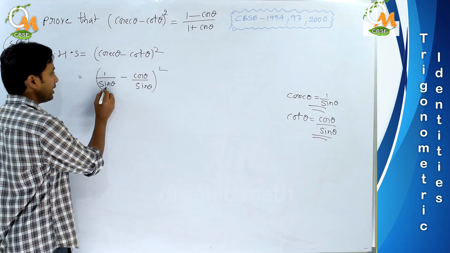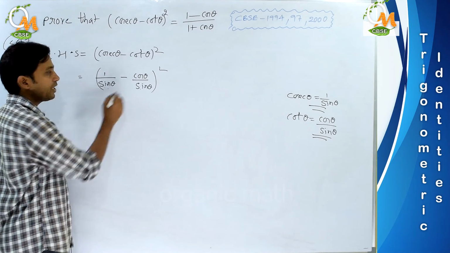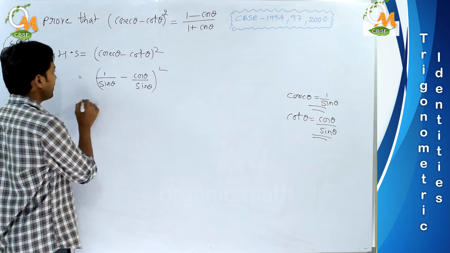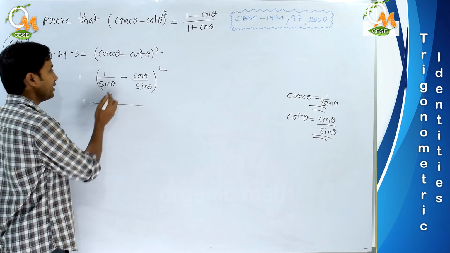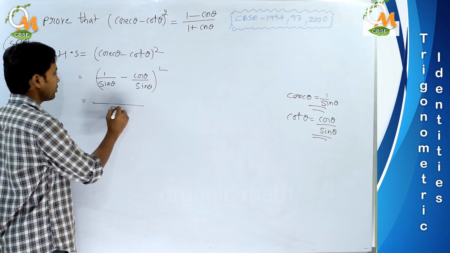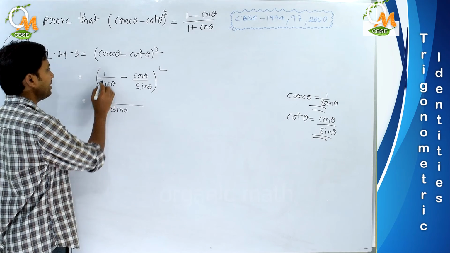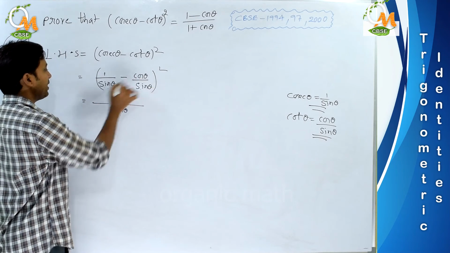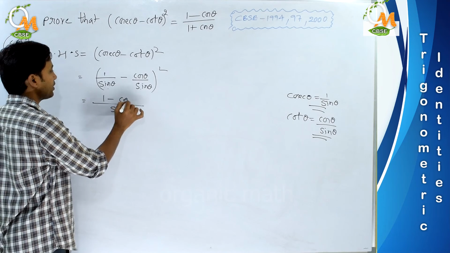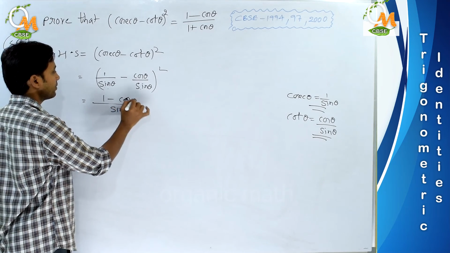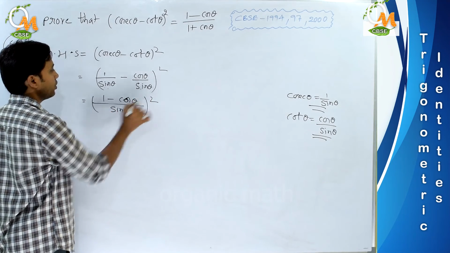Now, sine theta is a common denominator for both of them, so instead of taking LCM we write sine theta commonly inside the bracket, and 1 minus cos theta as it is, and the whole square.